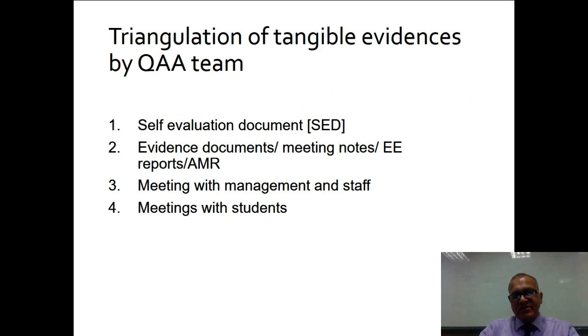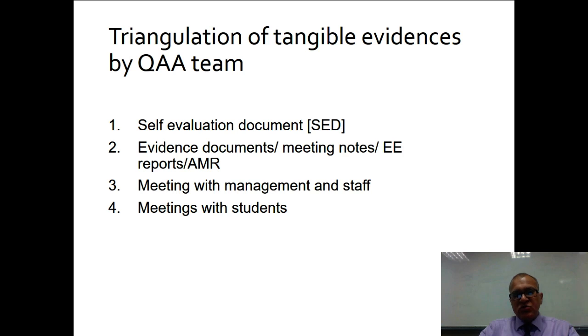How this is assessed, basically the QA team looks at tangible evidences in the form of a document which institutions write. We call it SED or self-evaluation document. They will also look at evidences of documents, meeting notes, or any external examiner or annual monitoring reports.